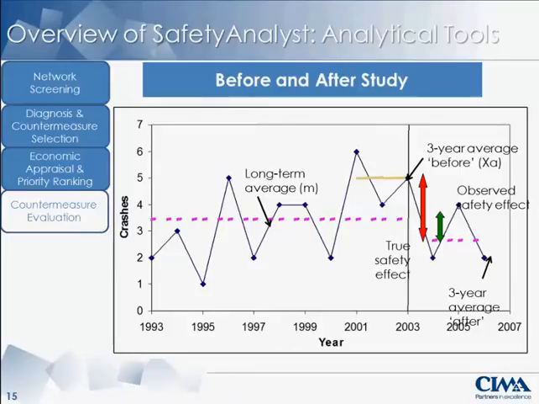Whereas in a before and after study, you need to remove the impacts of all the other factors, and look at the long-term average performance before and after. In this case, there is a much smaller reduction in number of collisions overall after implementation of that countermeasure.